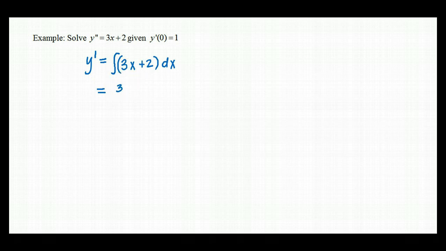So we're going to get 3x squared over 2 plus, here we're going to end up with 2x plus our constant c, and that equals y prime, the first derivative. But here we have an initial condition, and one that works out for us because it's in terms of the first derivative y prime. Whenever we plug in 0 for x in the y prime function, we should get out a value of 1.